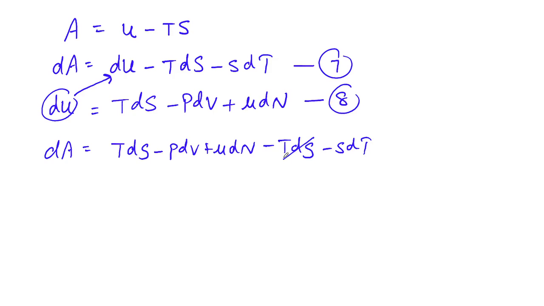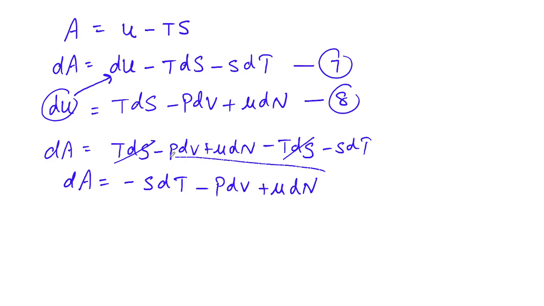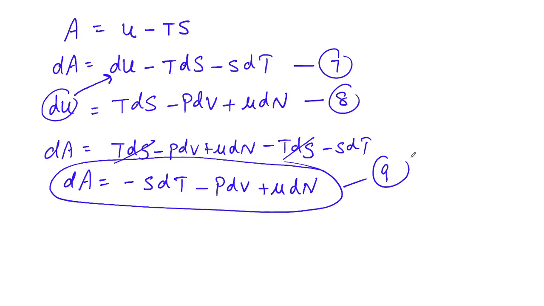So the T dS and T dS get cancelled. So dA comes out to be minus S dT minus P dV plus mu dN. This is the relation of A with the entropy. Let us say this is equation number 9.